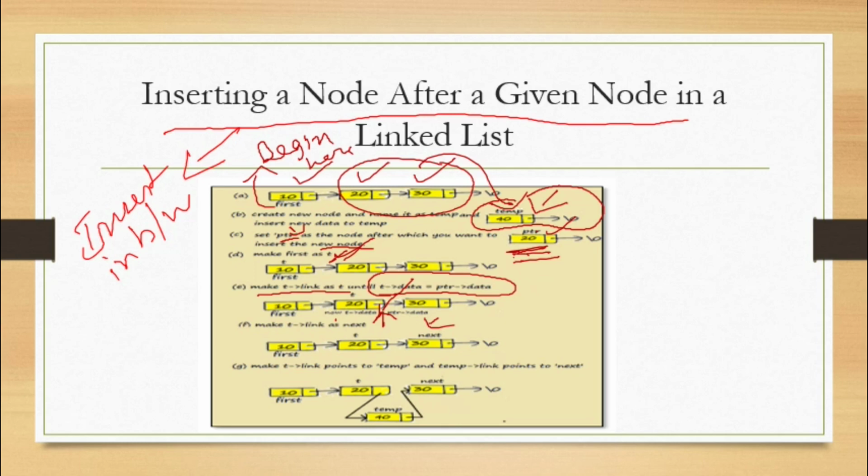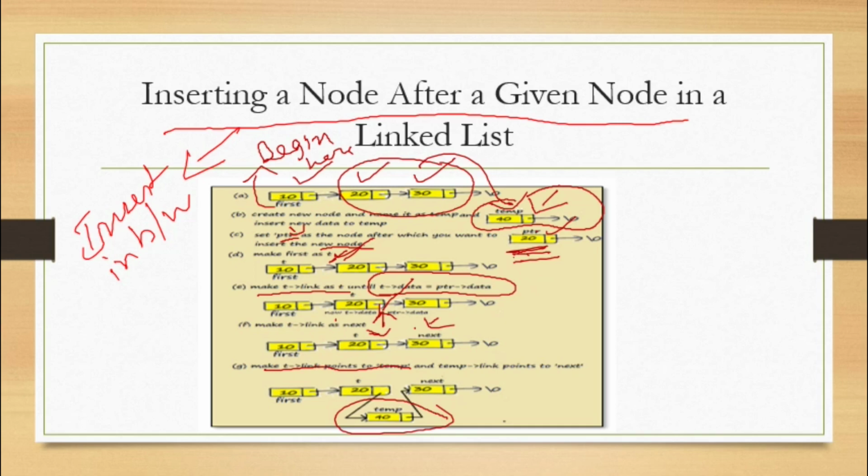And why you need that is, see students, before this next pointer and after this t pointer, you need to insert temp. That will be: make t of link point to temp.